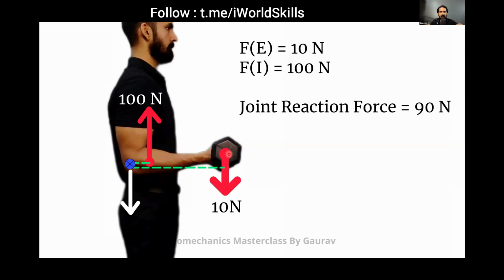But if I reduce the weight, the resistance is also going to reduce. The muscular output, the muscular force will also reduce. That is not what I want. I want to experience the same resistance, the same muscular output, but at the same time, I want to reduce joint forces. This is going to be an ideal scenario for me, right?